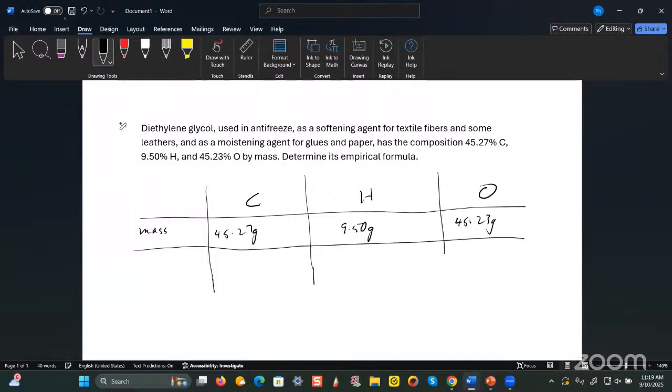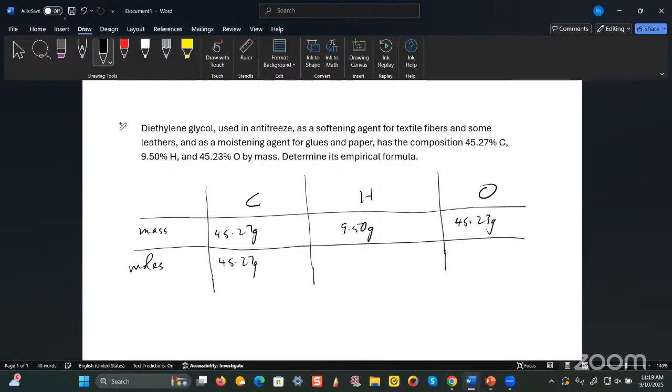Now, can anybody remind us of what the first step would be after we write down the grams values for each of these? What's the next step? Feel free to look into what we did for the previous example from last class. What do we do? Exactly, we calculate the moles, right? So for each of these, we divide each of them by their respective molar mass.